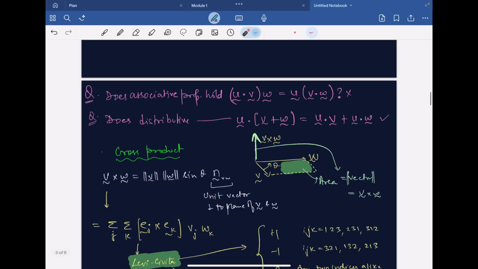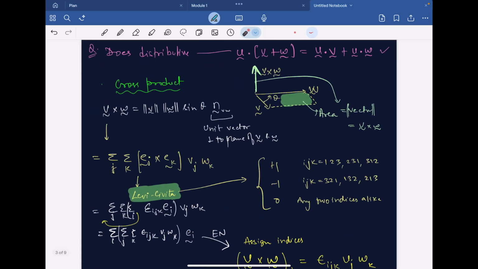The length of this vector will be determined by the magnitude of this cross product. Another physical way to interpret a cross product is that you can consider these sides and complete this, or copy this to make a parallelogram. The area of the parallelogram will be the magnitude of this cross product.